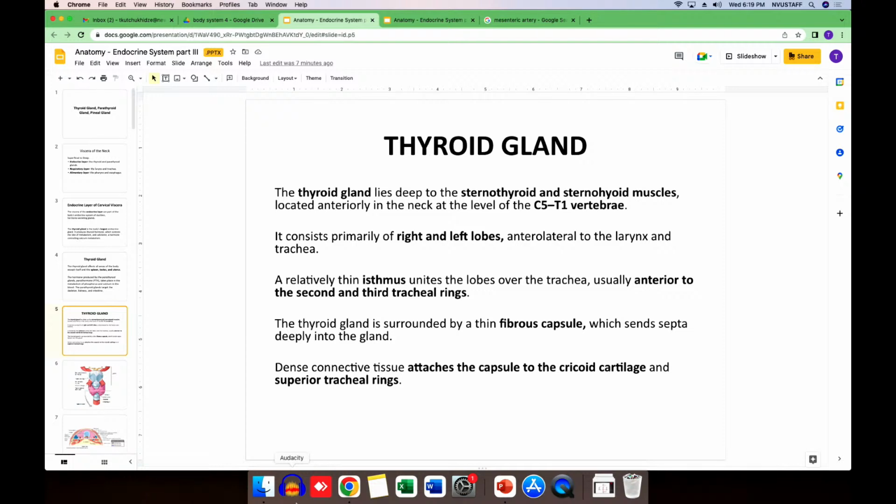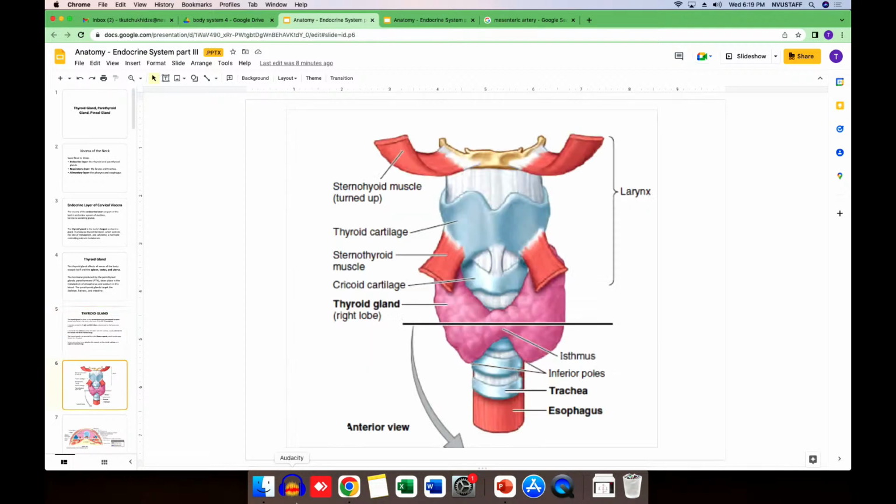Why is it needed, right? It is dense protection, of course. It is dense connective tissue and also attaches the cricoid cartilage with the thyroid gland and the superior tracheal rings also.